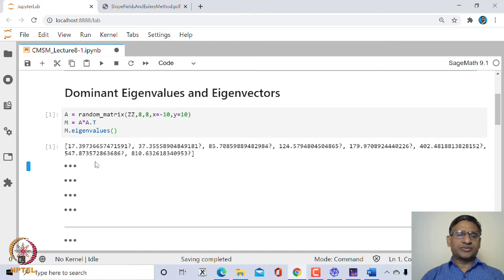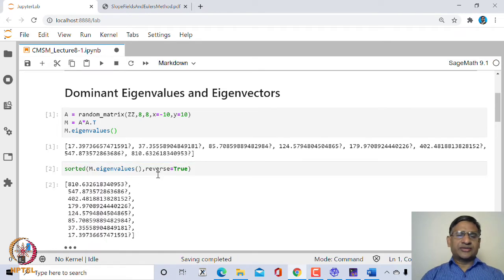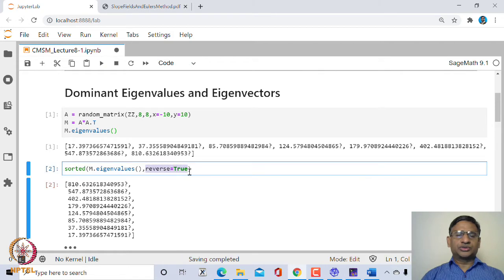So, in this case, for example, let us look at what the dominant eigenvalue is. If you look here, this set of eigenvalues is by default arranged in increasing order of magnitude. Now suppose we sort these eigenvalues and say reverse equal to true, it will be arranged in decreasing order of magnitude.